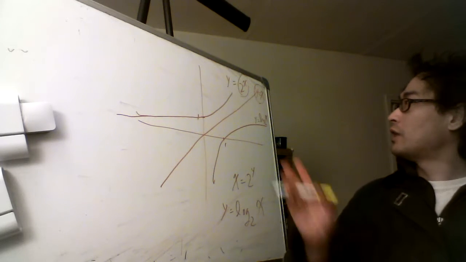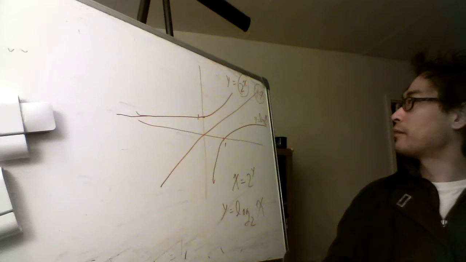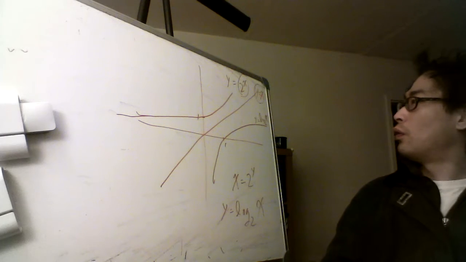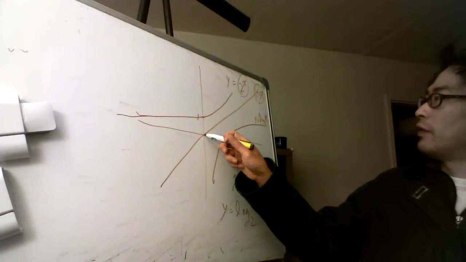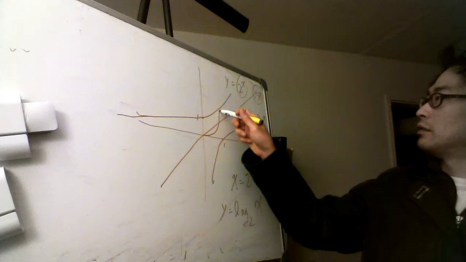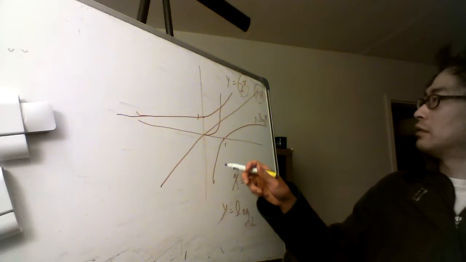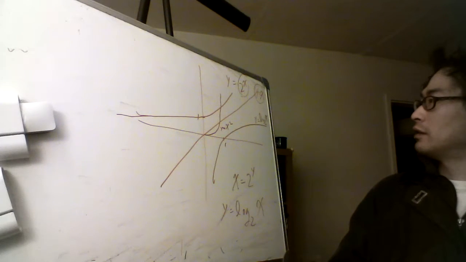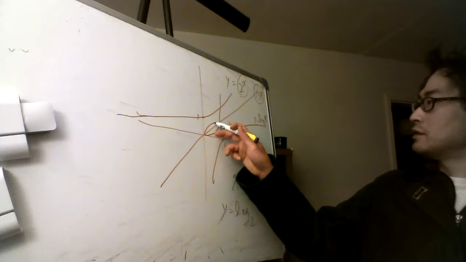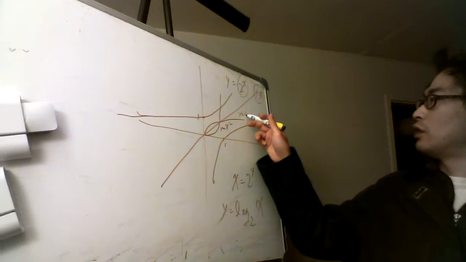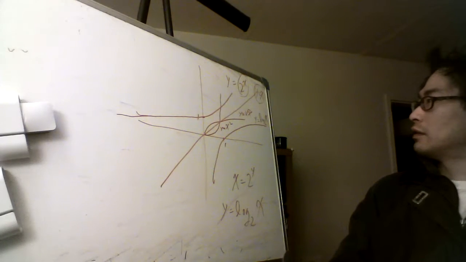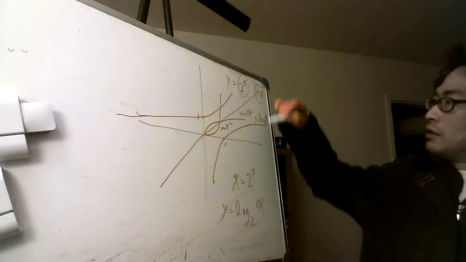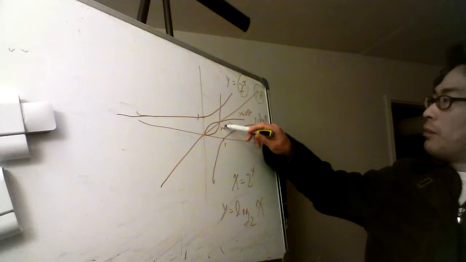So we have that, and then we have y is equal to what? Square root of x, right? Y is equal to x squared, and you have y is equal to square root of x. Let's compare these two guys.